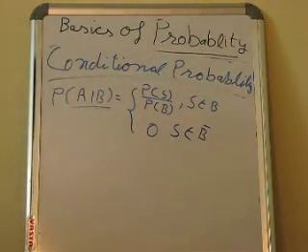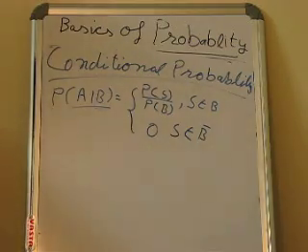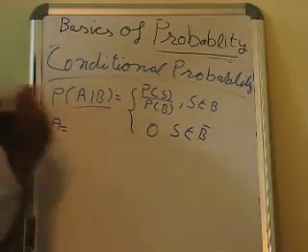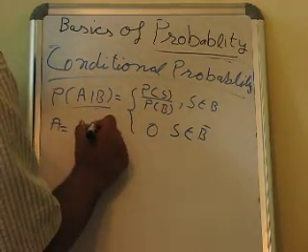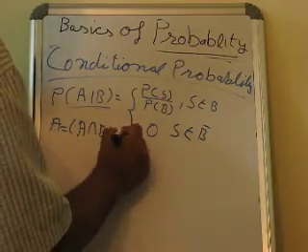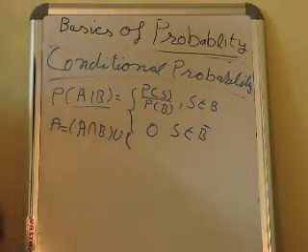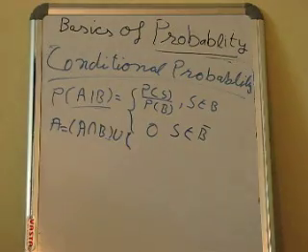Now we know how A is calculated. Just like we calculated for B, A is A intersection B union A intersection B bar.